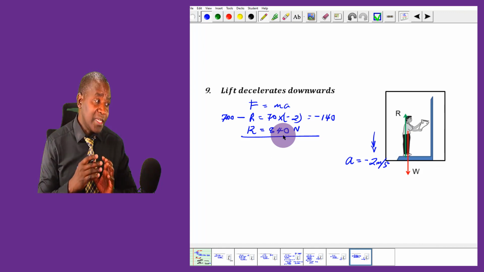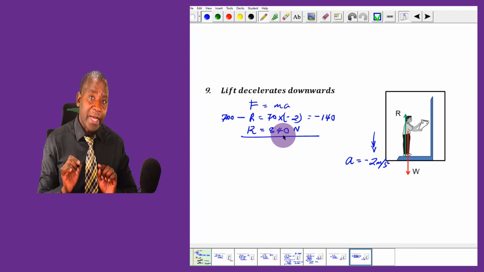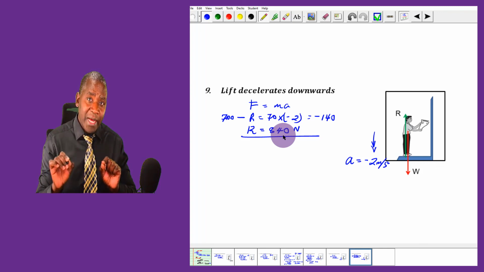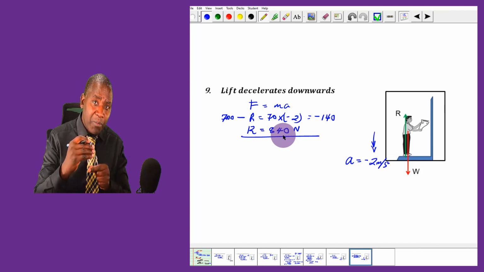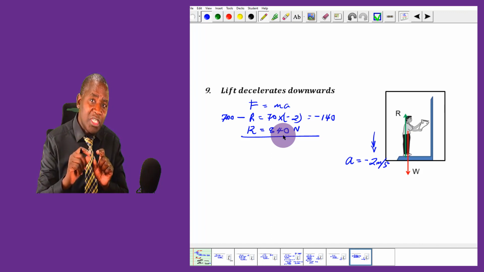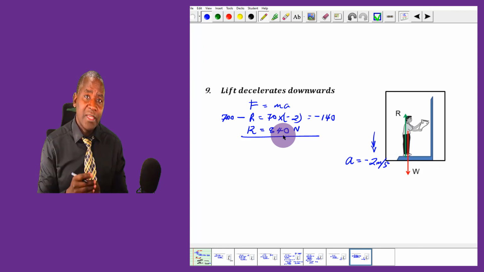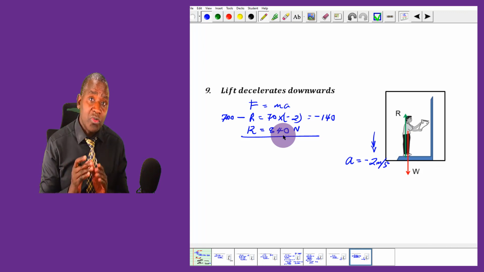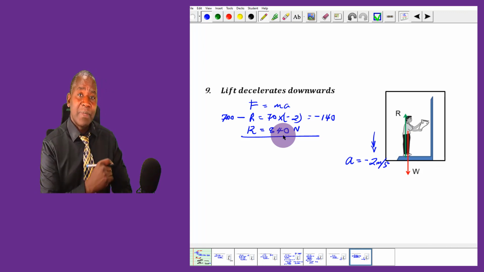So if there is any one of them that you'd like to review very fast, hover the cursor on the scroll bar and you'll see numbers pop up. Those numbers have got simple headings, and those headings are the way I have written them down here. So just click on it and the video goes to that section and you repeat that particular section.